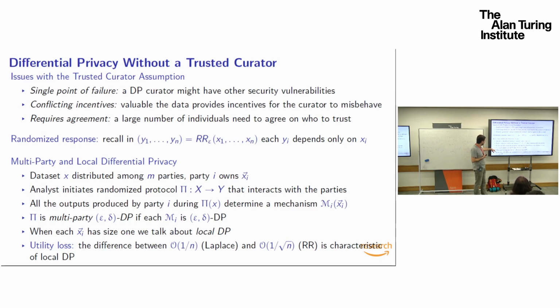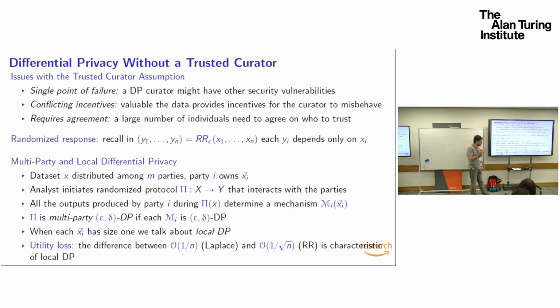And yeah, I already said that when each xi has size 1, we talk about local differential privacy, but in general, multi-party is a wider definition. And randomized response is an example of how to implement this, and it's also an example of something that is fundamental between the curator setting and the distributed setting, which is that you will lose utility.